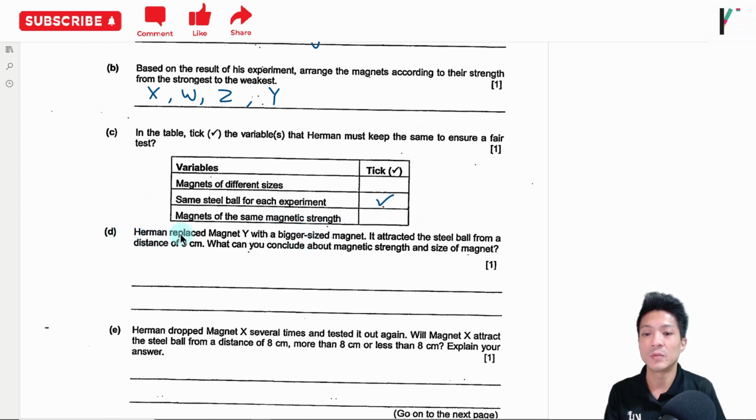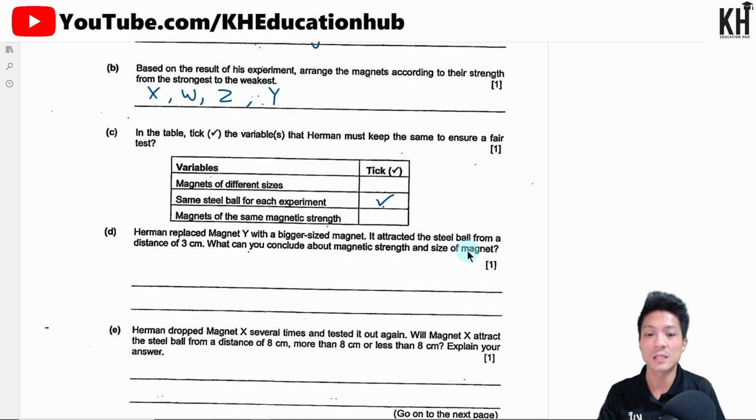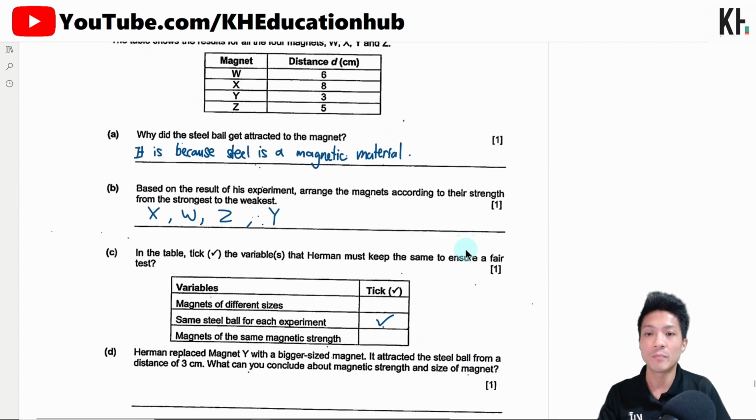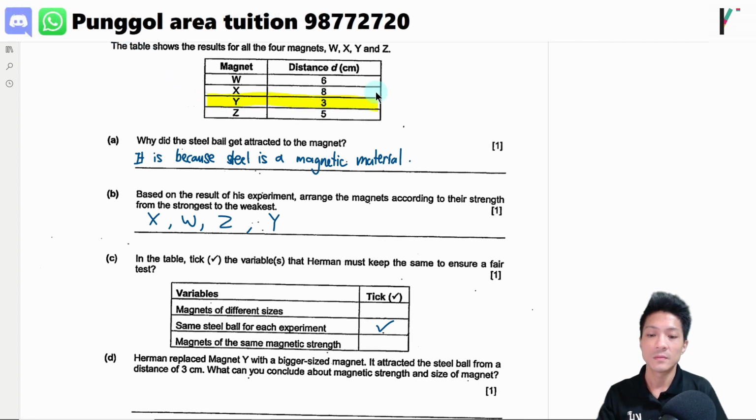Part D, Herman replaced a magnet Y with a bigger sized magnet. It attracted the steel ball from a distance of 3 cm. What can you conclude about the magnetic strength and size of magnet? So replace magnet Y with a bigger size magnet, and the distance is still 3 cm, right?